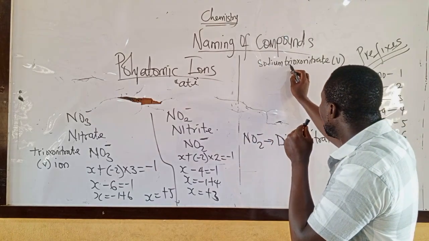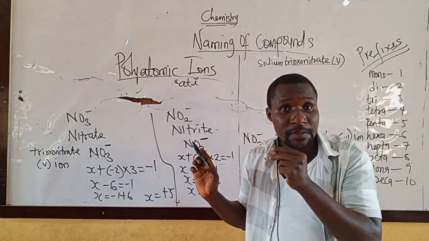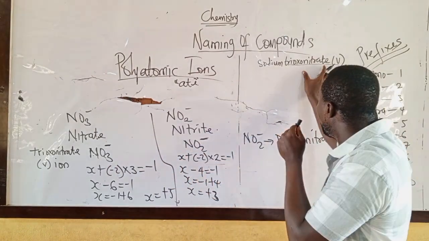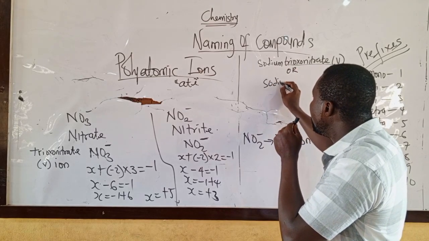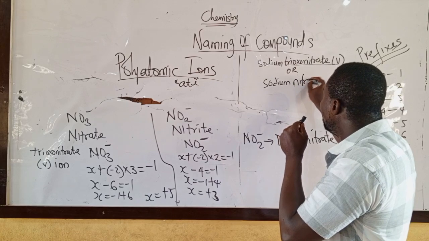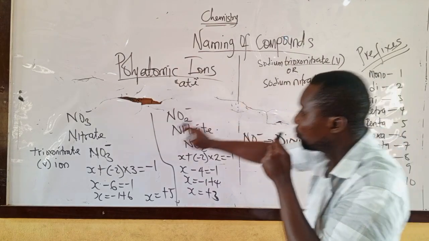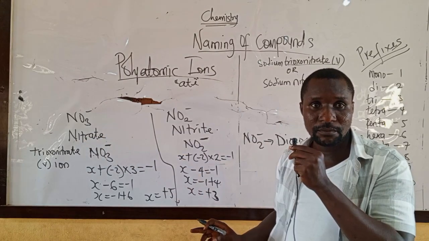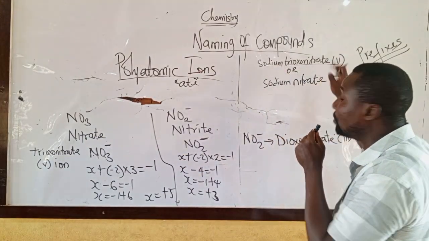Don't forget, trioxonitrate(V) is NO3. You know that this compound, I can also call sodium what? Nitrate. Because trioxonitrate(V) is known as nitrate. I can call this compound sodium nitrate or sodium trioxonitrate(V).